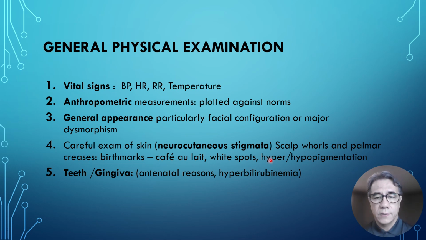And I always ask the mom or the dad or the caregiver if the child has any birthmarks, and then proceed to very carefully examine the child's skin, scalp whorls, and palmar creases, looking for cafe au lait spots, white spots, hyper or hypopigmentation.